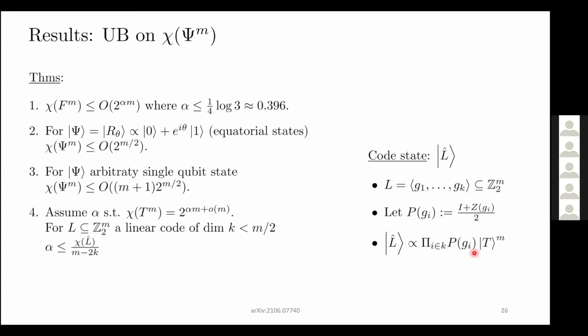So this defines a code, and for any such code, if we knew its stabilizer rank or a reasonable upper bound on it, then we could use that to upper bound the stabilizer rank of the T state. But I'm not going to go into the details of how to prove that. But I guess that's our final result.